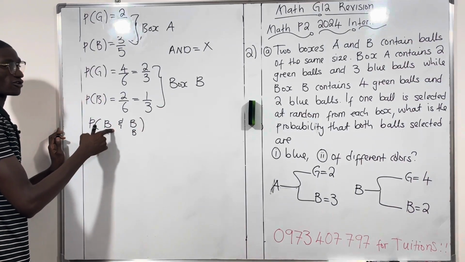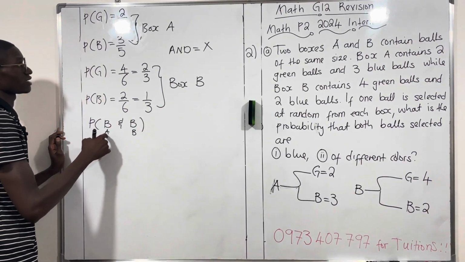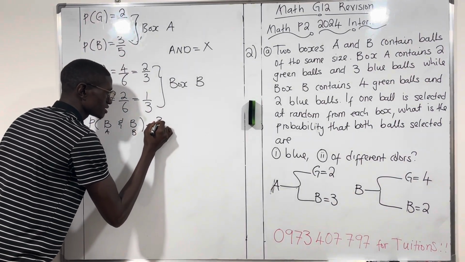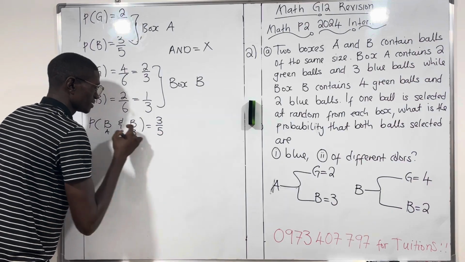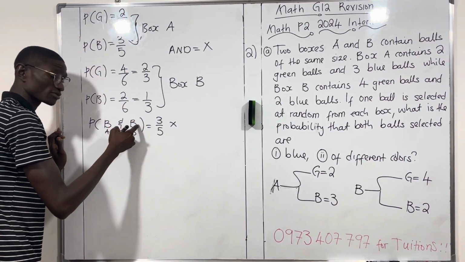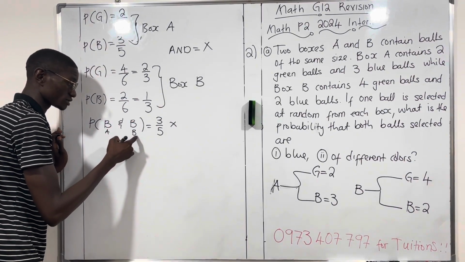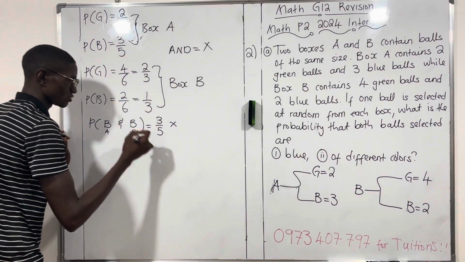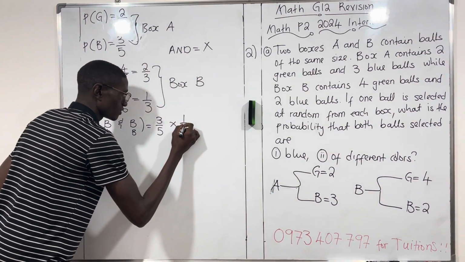So what is the probability of selecting a blue ball from box A? It is 3 over 5. So we're going to say 3 over 5 and times. Okay. What is the probability of selecting a blue ball from box B? Box B probabilities are here. Blue is 1 over 3, already simplified. 1 over 3.